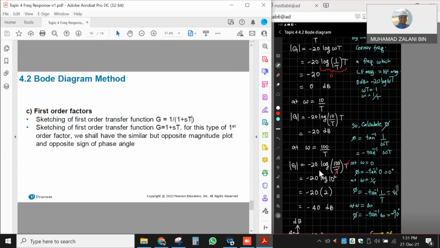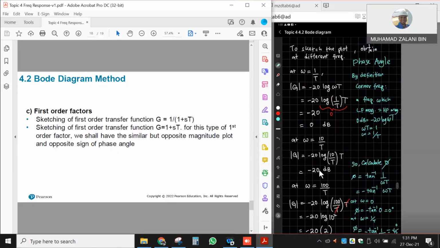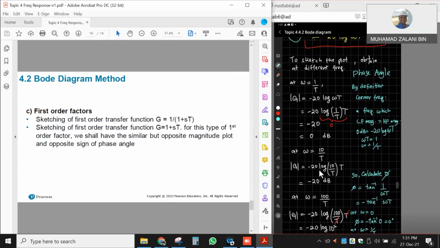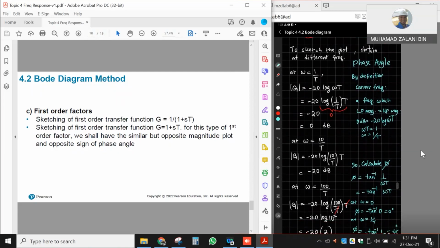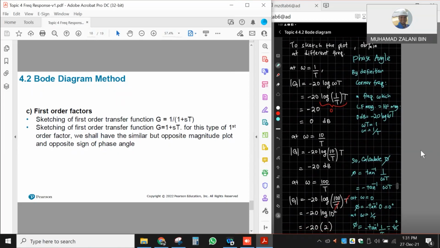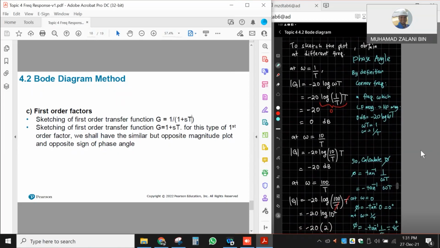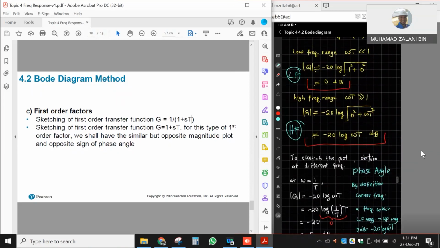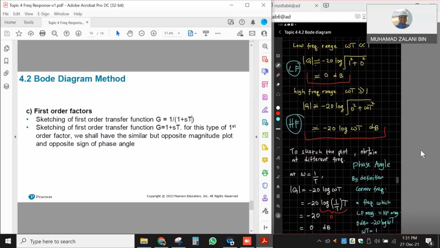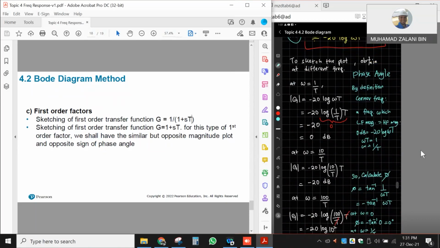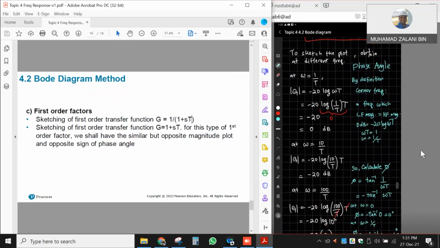But when we want to do the plot, of course, we need to consider the phase angle as well. For the phase angle, by definition, the corner frequency. What is the corner frequency? For first order factors here, the function is no longer constant over the frequency range.